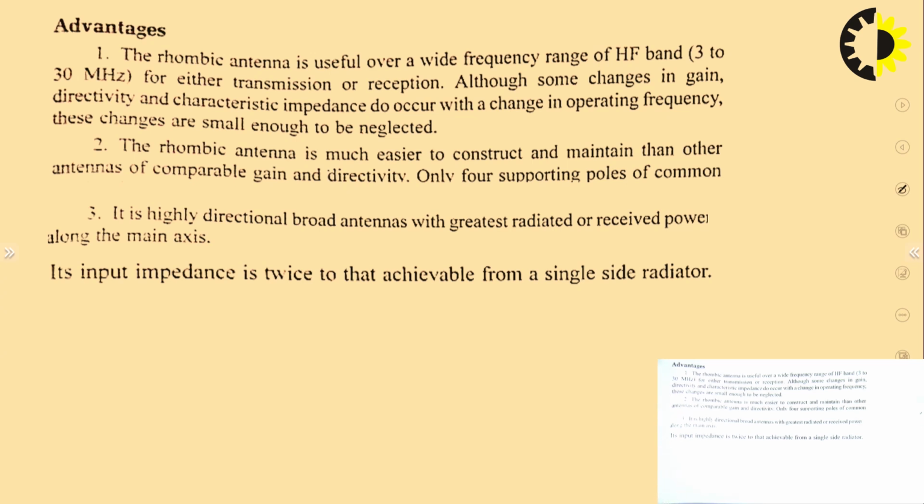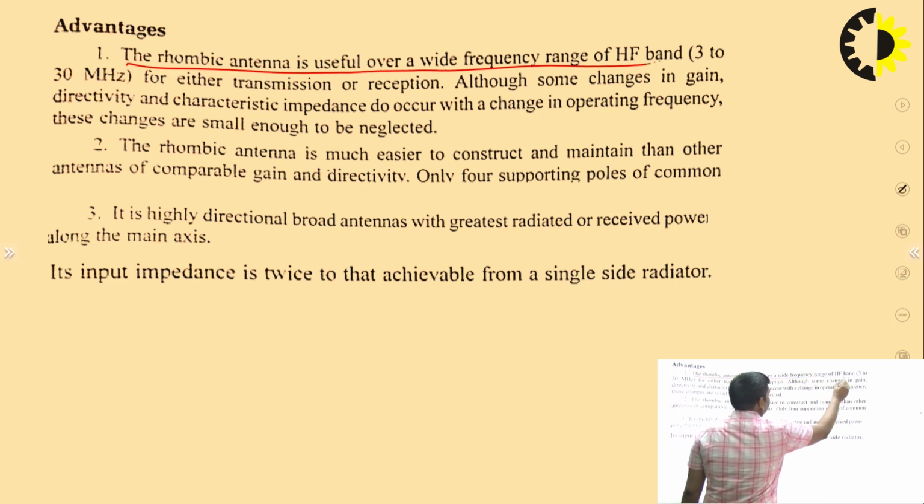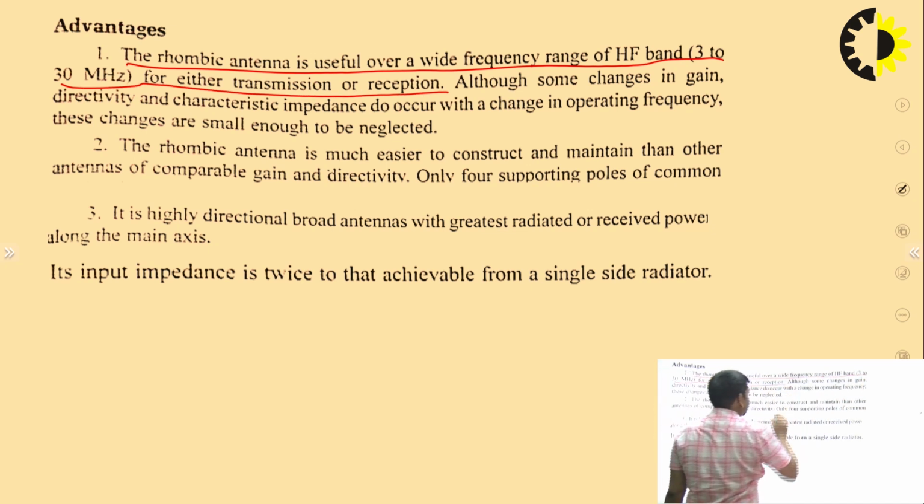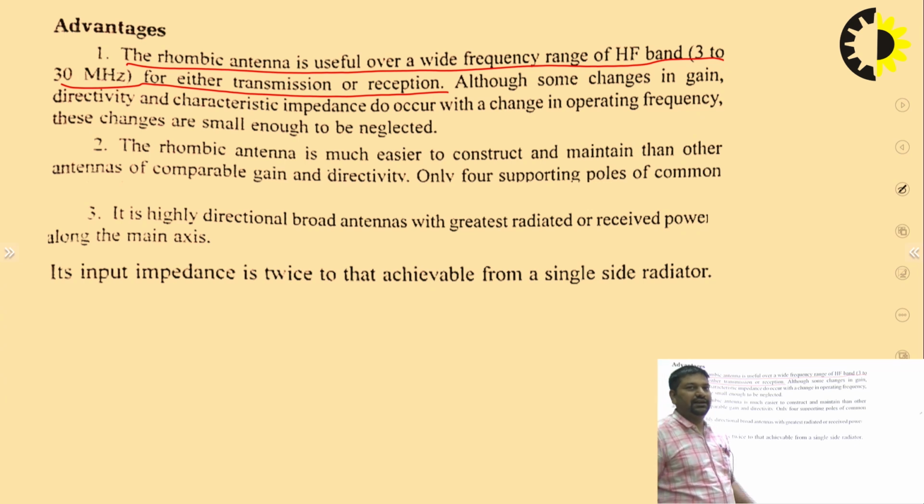So what are the advantages of this rhombic antenna? Lastly, what is the advantage of the rhombic antenna if we use it in a transmission line, or to communicate from one device to another? The first advantage is that the rhombic antenna is used for a very wide frequency range, 3 to 30 megahertz, for either transmission or reception.